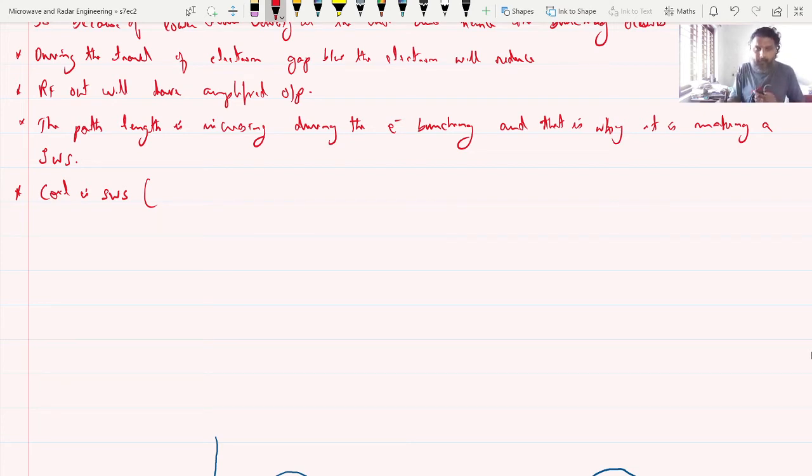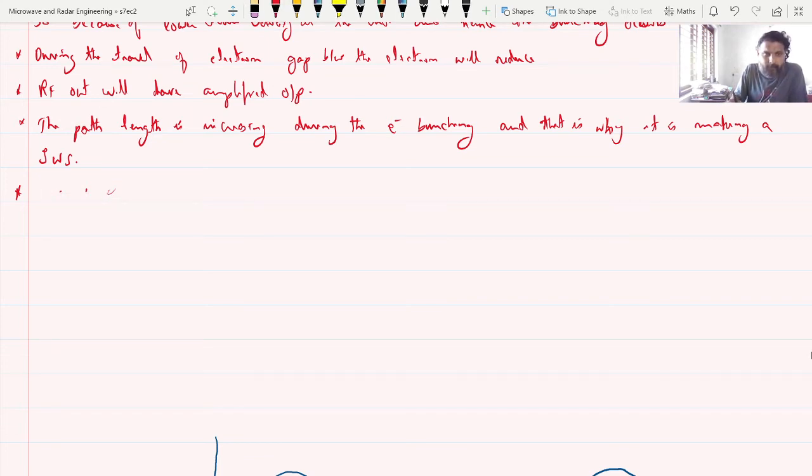That is the main reason. So the electron is traveling, and the path length is increasing during the electron bunching, and that is why it is making a slow wave structure, once it travels from cathode to anode.